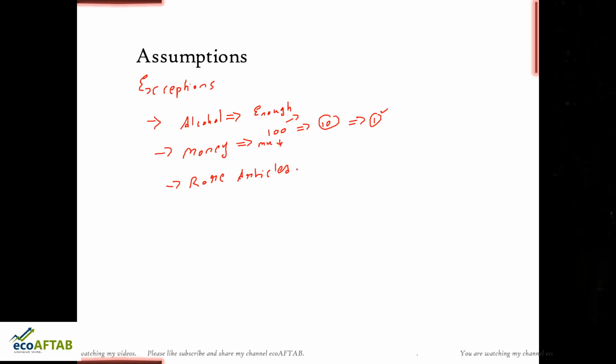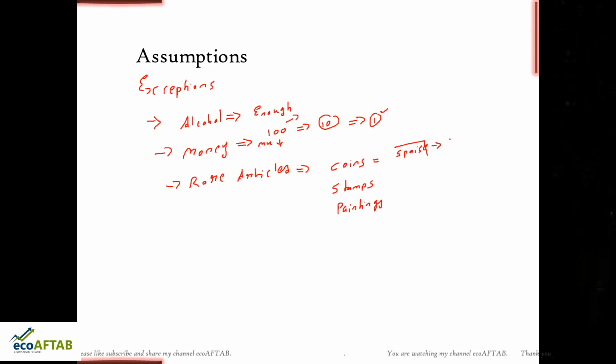With regard to rare articles, some people have the hobby of collecting old coins, or they may have the habit of collecting old stamps, or some old paintings, antiques. In this case, if a person has got, let us say, a 5 paise Indian coin, he will get satisfaction.